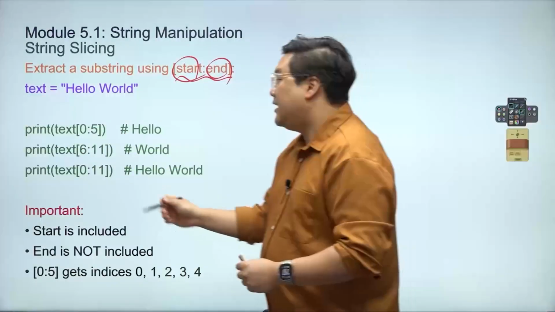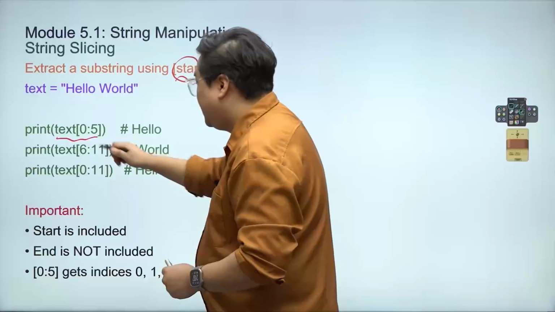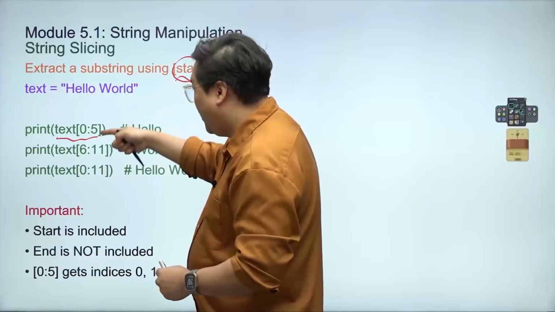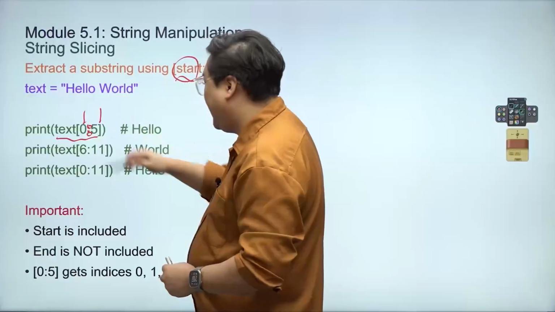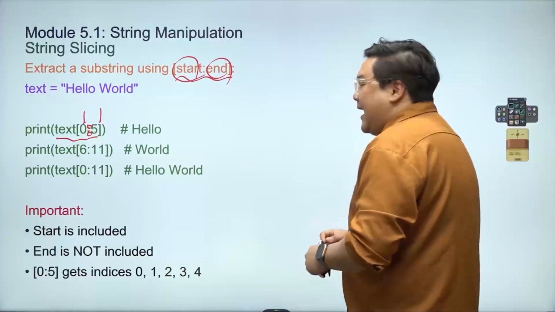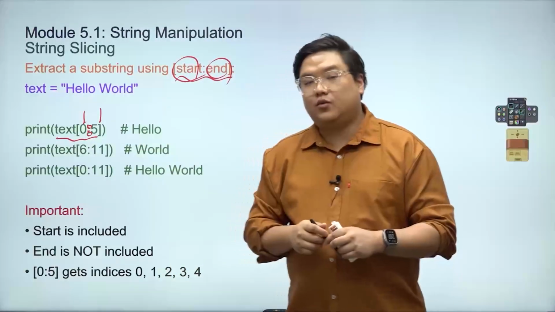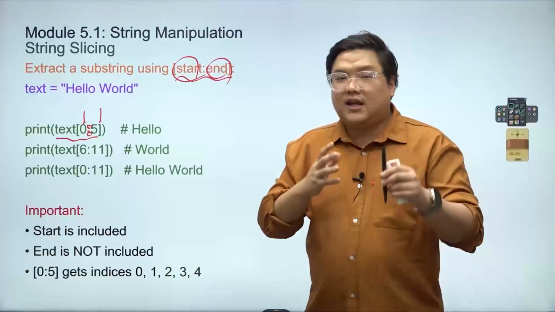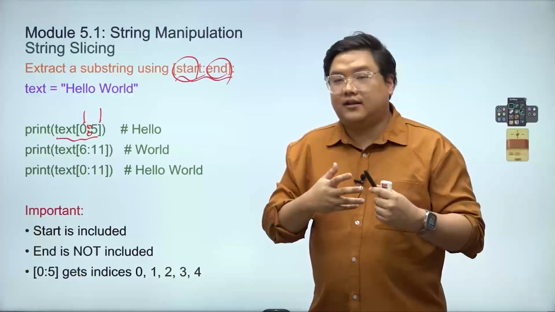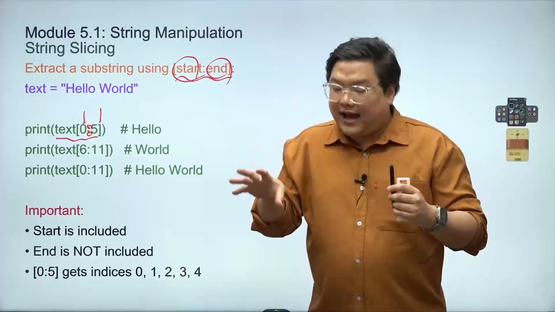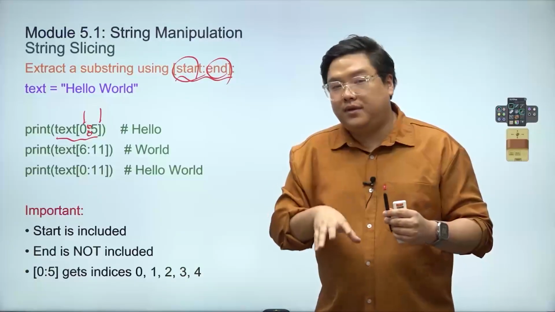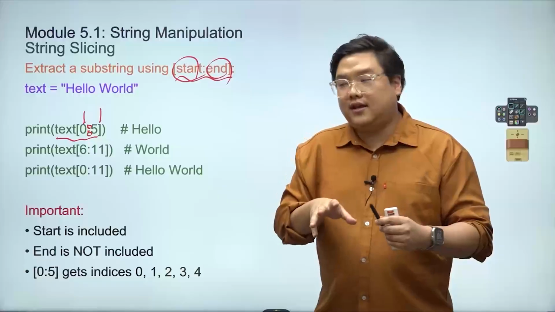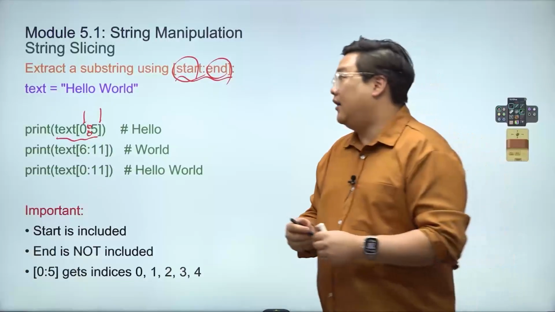We can get the letters that we want using the colon, the starting index and the end index. Remember with the range function as well, whenever we set a range in computer science, usually the last number, the end index that we designate, is excluded. So we say that it's an exclusive range.